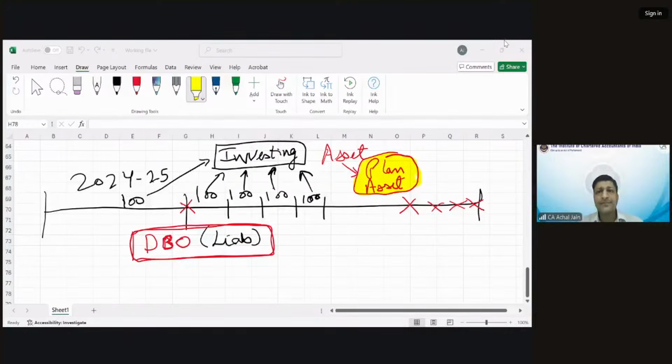That's correct. What is the objective of investment, or what is the objective of creating this asset? So that in future, when this liability will have to be paid, money will be drawn from this particular asset and paid to the employee. Clear? Clear on this?